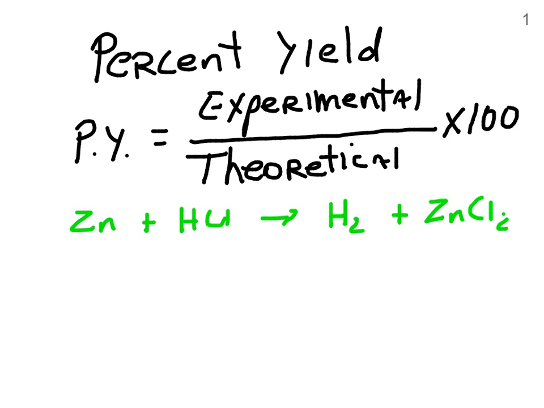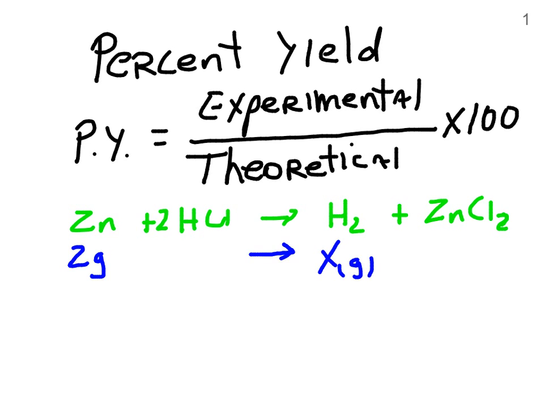Have to go back through and balance it by putting a 2 in front of there. And you started off with 2 grams of zinc, and you wanted to figure out how much hydrogen gas you were going to form.